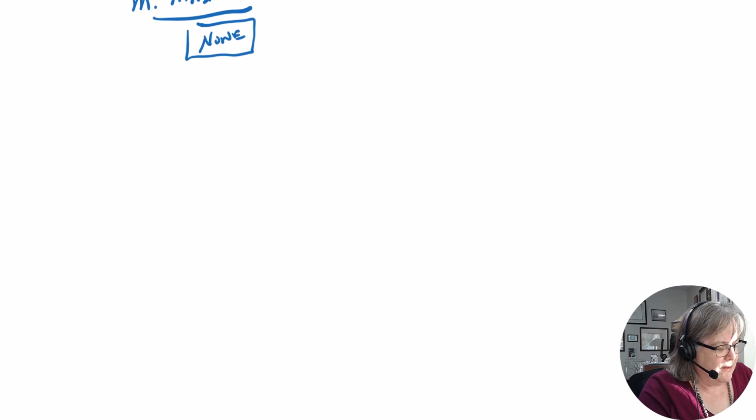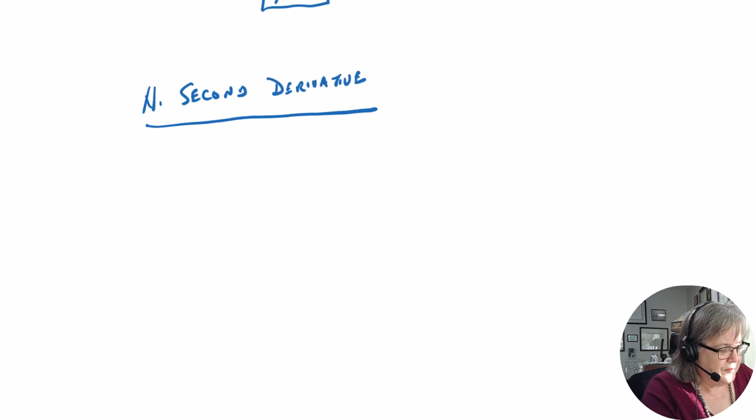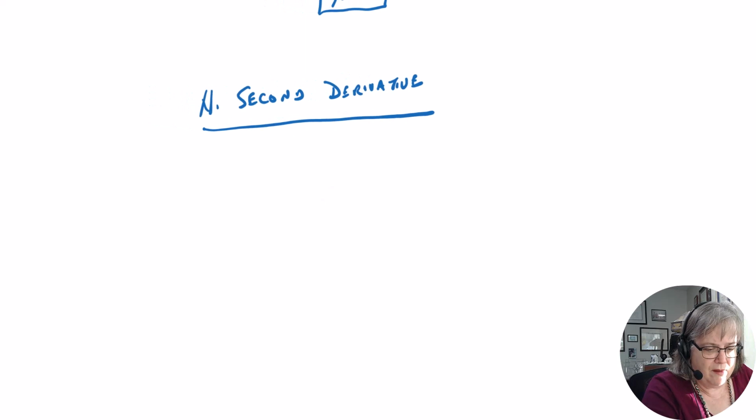Okay. Now, so we're moving on, and we're going to do the second derivative. All right. So we had, and I'm thinking I'm going to use the version of the first derivative that looks like this rather than to have to factor out that negative.